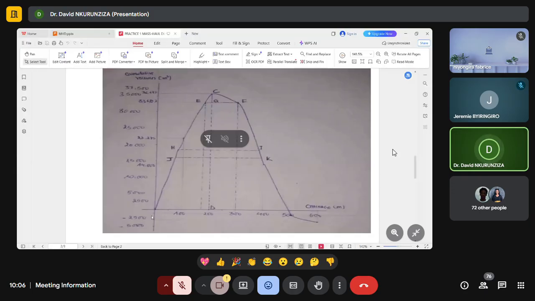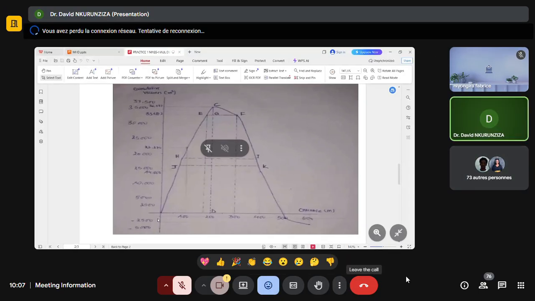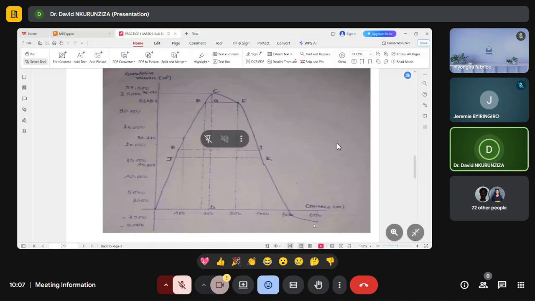This is a small segment of 600 meters. I will give you an example, for example, of 10 kilometers or maybe 5 kilometers that you will do yourself, and then you draw the mass haul diagram.